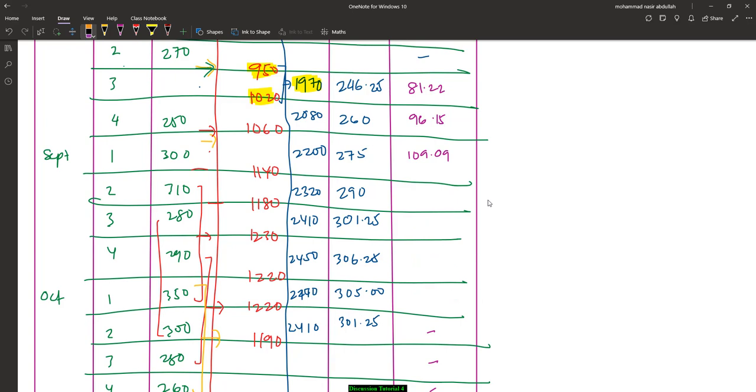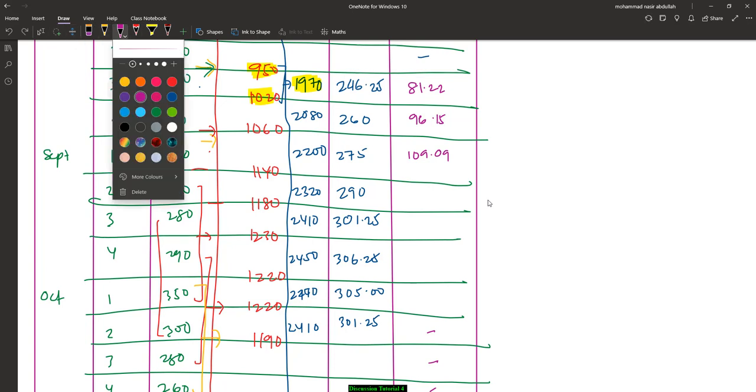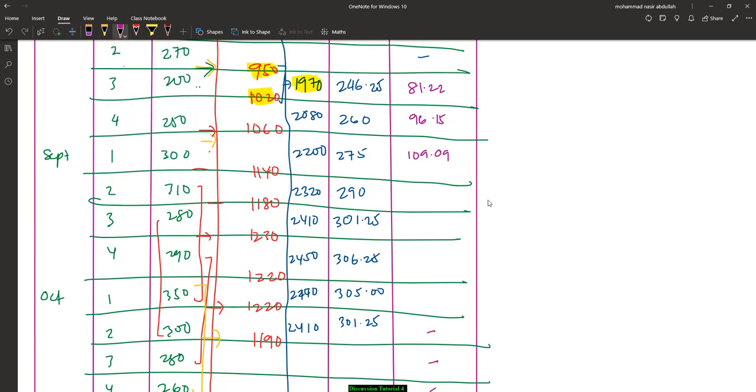So 200 divided by, where was it? Okay, 200 divided by 246.25, you get 81.22. 250 divided by 260, you get 96.15. 300 divided by 275, 109.09.